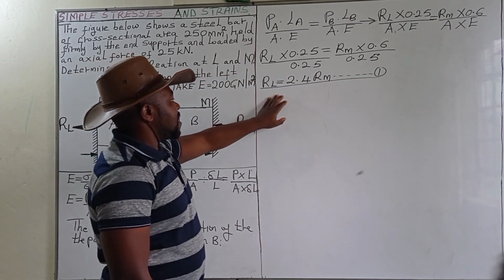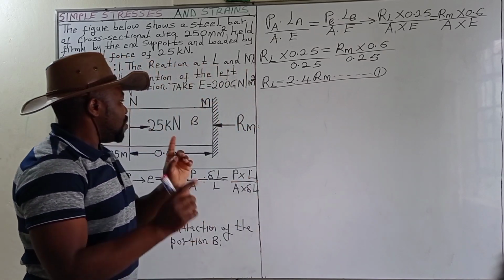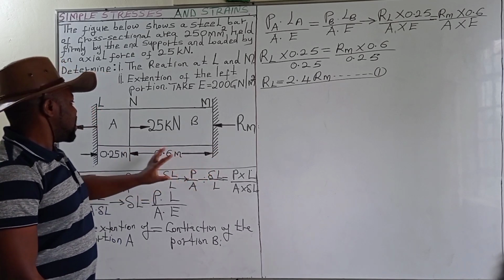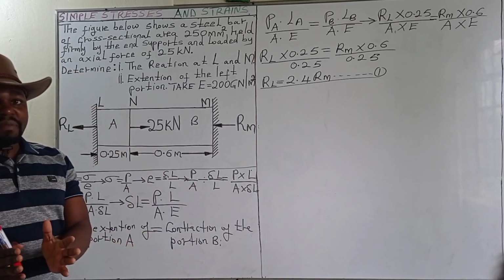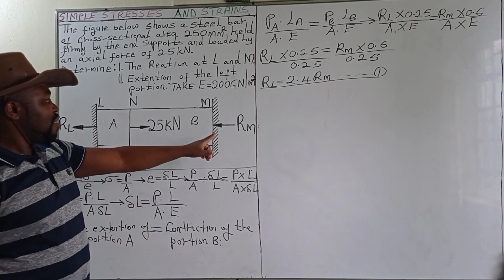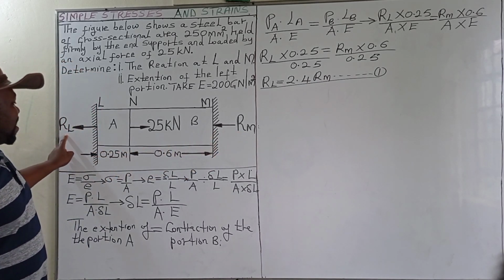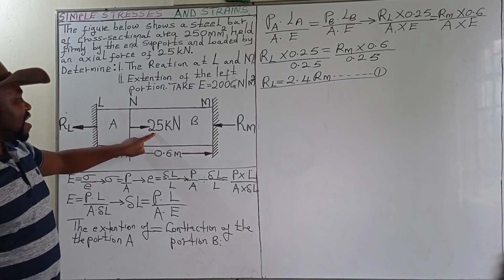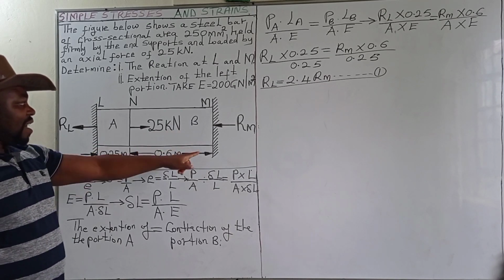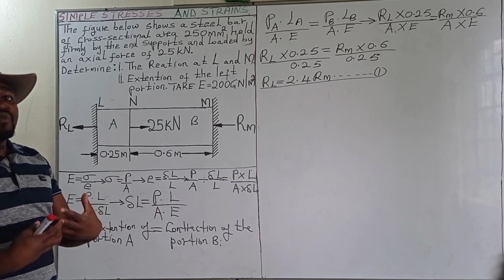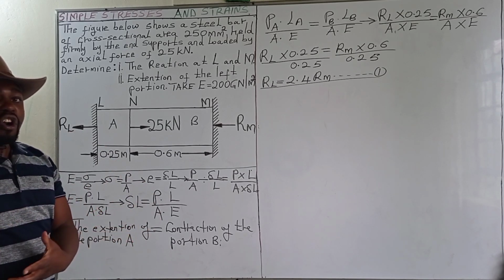Very good. So that is our equation 1. Now, we also need to know that since this steel bar is in equilibrium, the way it is loaded, when you add the reaction at M plus the reaction at L, you are going to get 25 kilonewtons. Remember, the forces that act in the same direction, we are supposed to add them to get the total load.